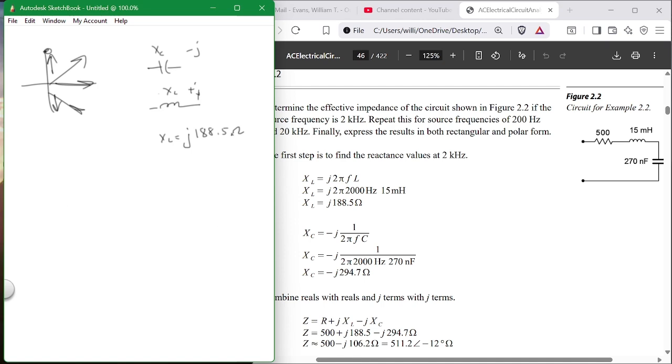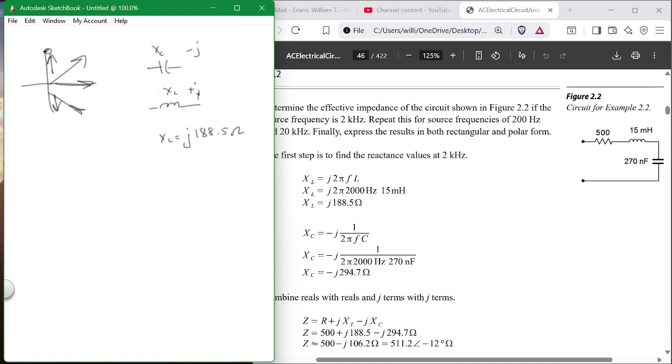Okay, so what is our X sub C? Minus J over 2 pi FC. So what is C? 270 nanofarads. What is nano? 9. Pico is 12, nano is 9, micro is 6, milli is 3. Those are the only ones you have to remember.